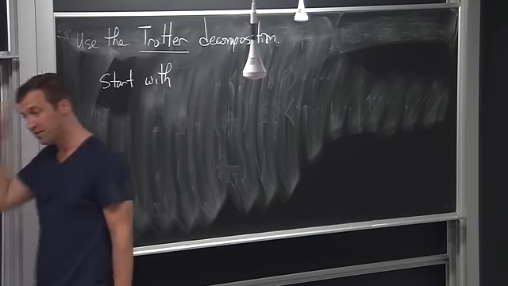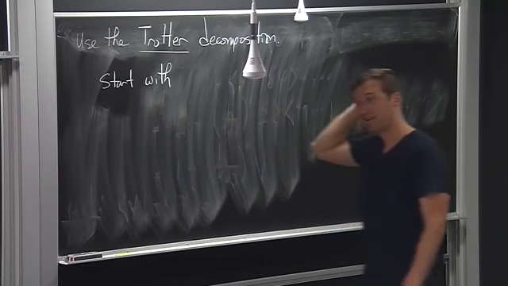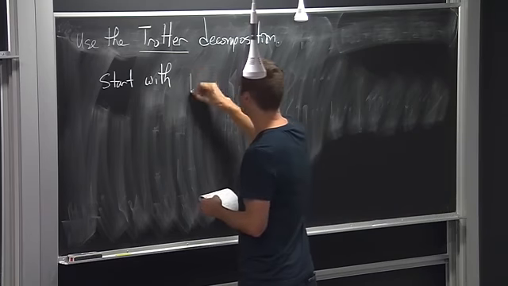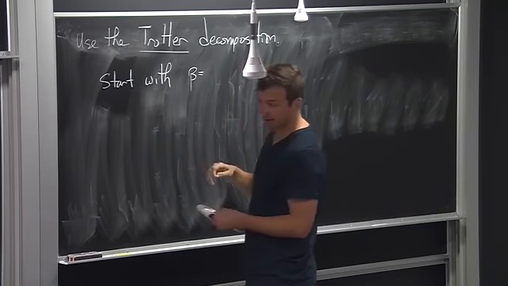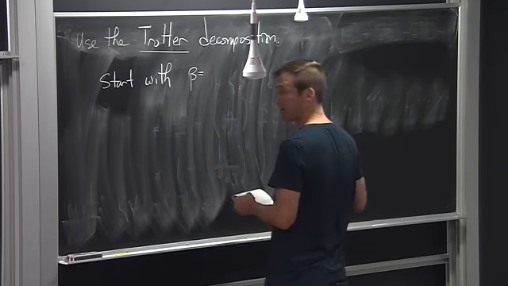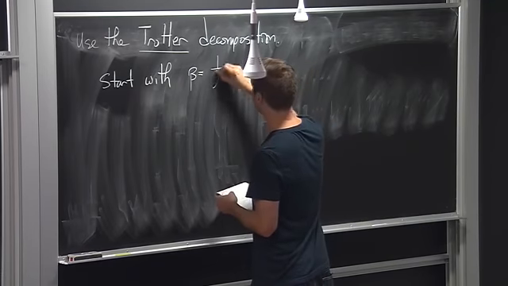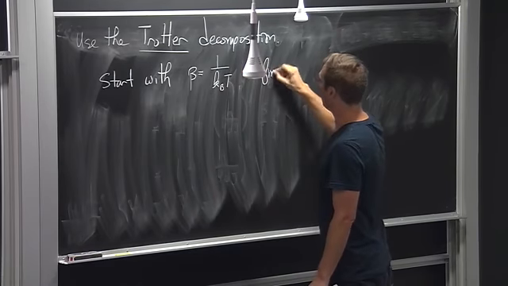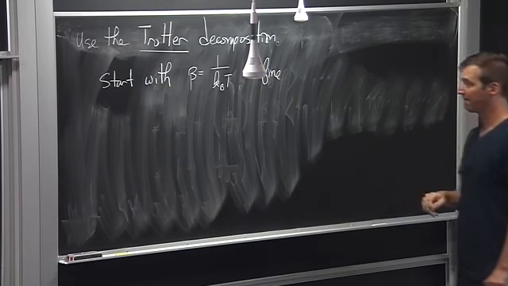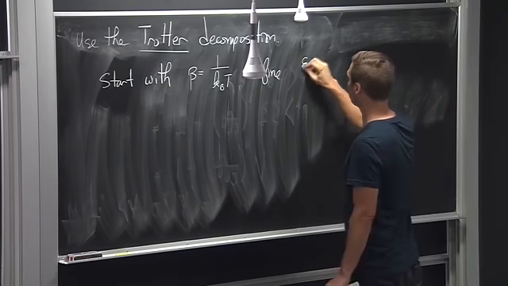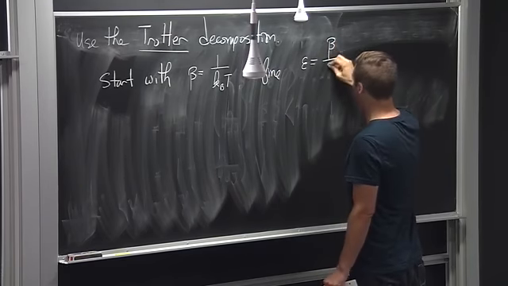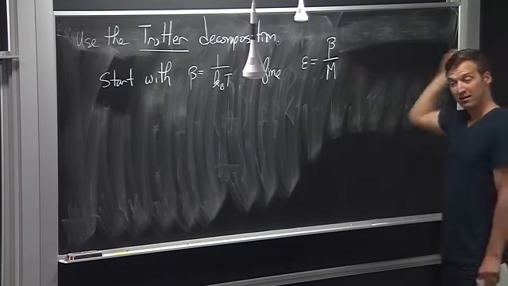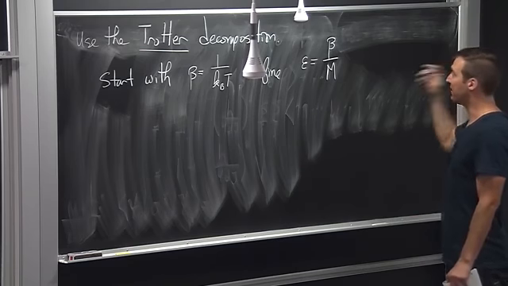And we're looking at a trace. Remember, a trace is like a sum over diagonal matrix elements in some basis. And we're going to take that trace, every element in that trace, and rewrite it by defining, I'm going to call it epsilon and m, where m is just some big integer.